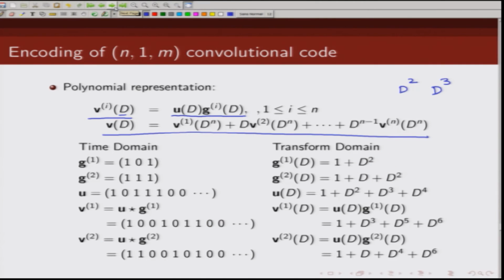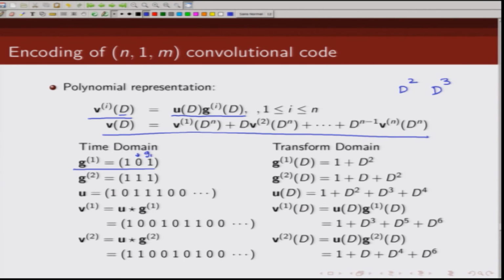Okay. So, let us look at this. So, G1 is 1 0 1. Now, what does this 1 correspond to? 1 corresponds to this connection G0, which is linking my input UL. So, that would be UL without any delay. So, that would be 1. What was this? This corresponds to G1, that is input delayed by 1.